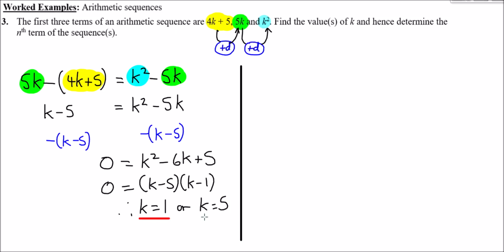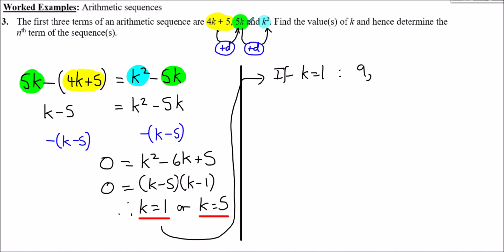But now we need to find the nth terms of each. So let's start off first of all with k being equal to 1. So if k is 1, then the sequence would be 4k plus 5, which is 4 times 1 plus 5, which is 9. 5k will just be 5.